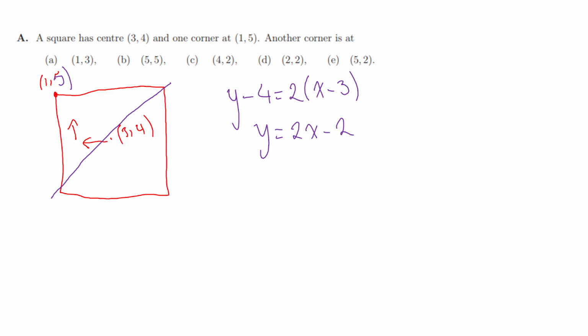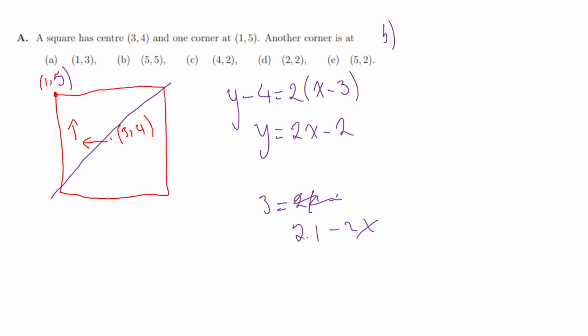So now what we can do is just plug in the values from a, b, c, d, and e, and we can just see if they work. So if the first one, 3 equals 2 lots of 1, minus 2, I've put in a bracket there unnecessarily, no joy.